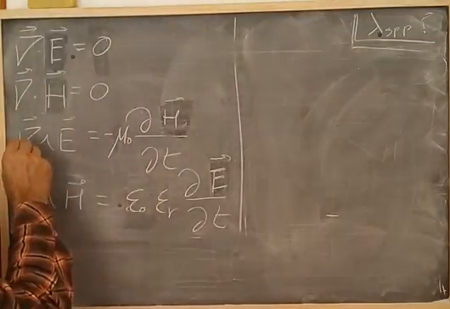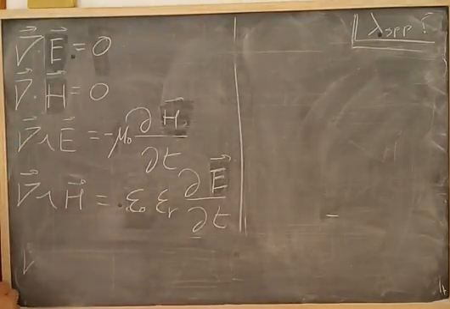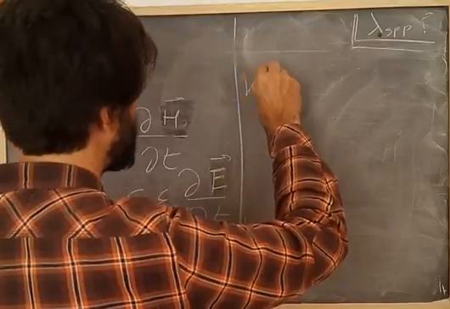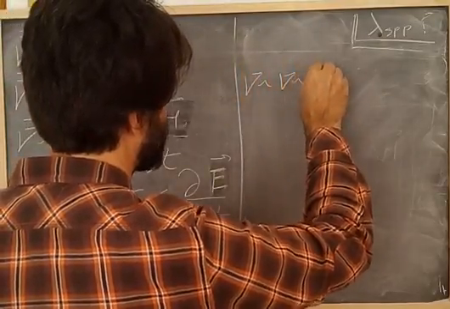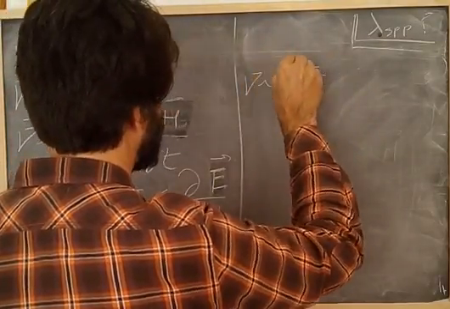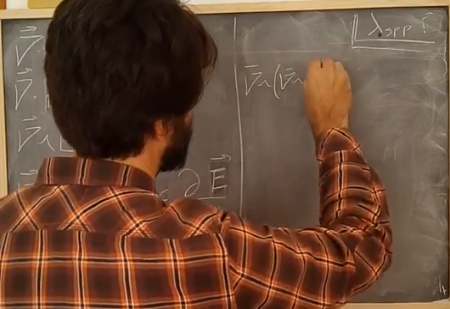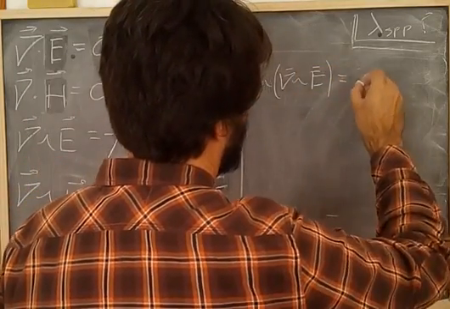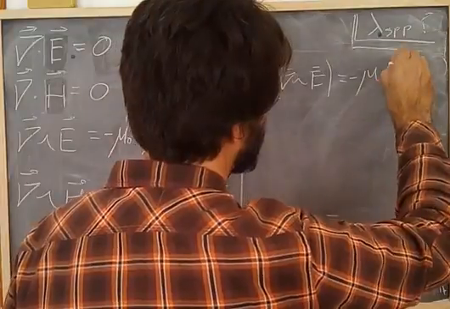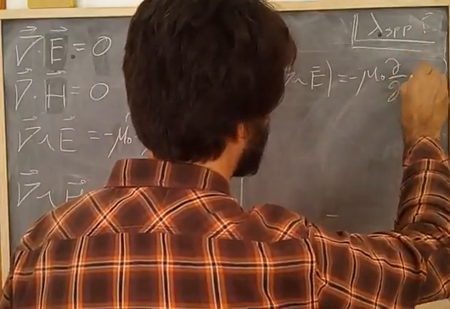And now we apply the curl operator in the Faraday equation at both sides of this equation. So we have this, which is equal to minus the partial derivative in time.